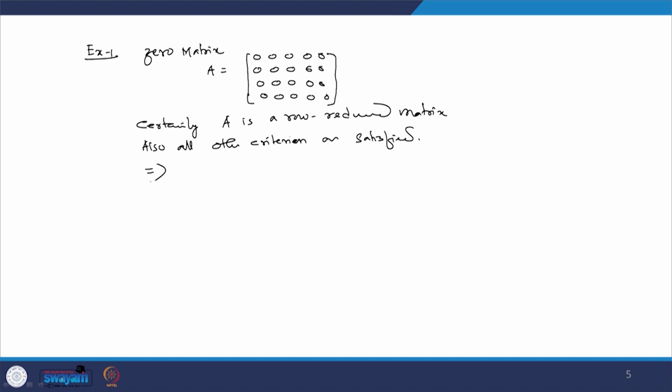So, this implies A is a row reduced echelon matrix.